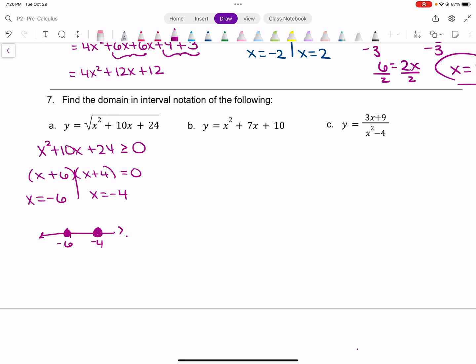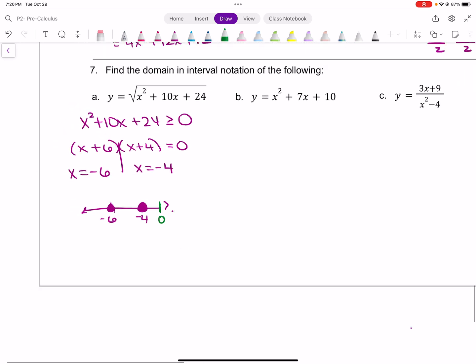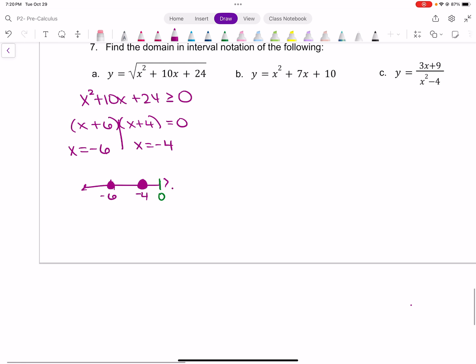So solid circles. Test point, I always test 0. 0 is to the right of -4, so you are testing that section of your number line right now. So when I plug in 0, I get 24 is greater than or equal to 0, which is true.